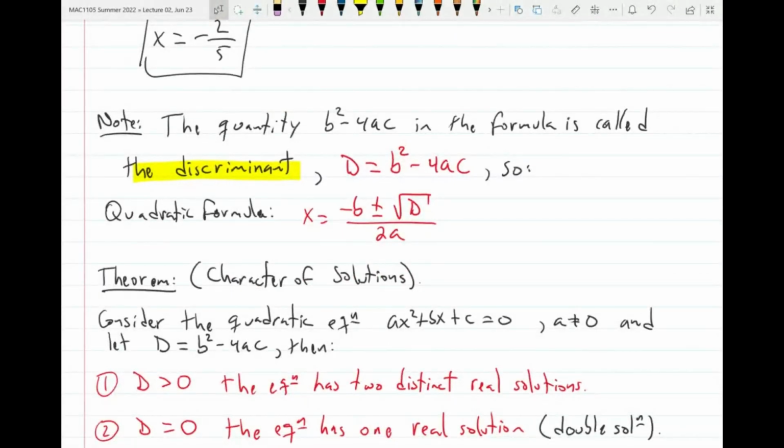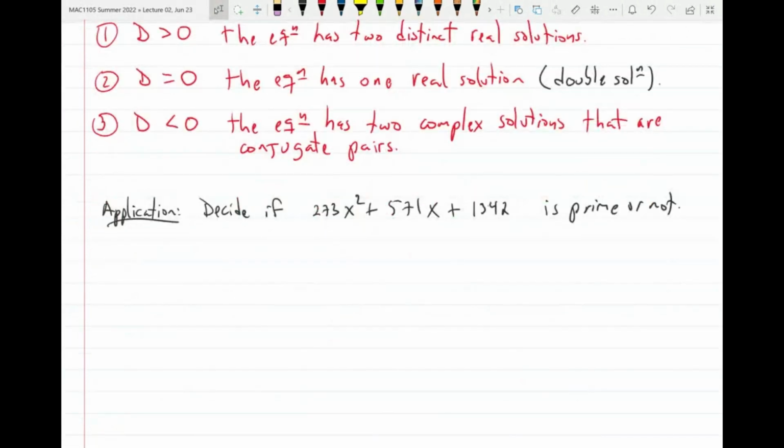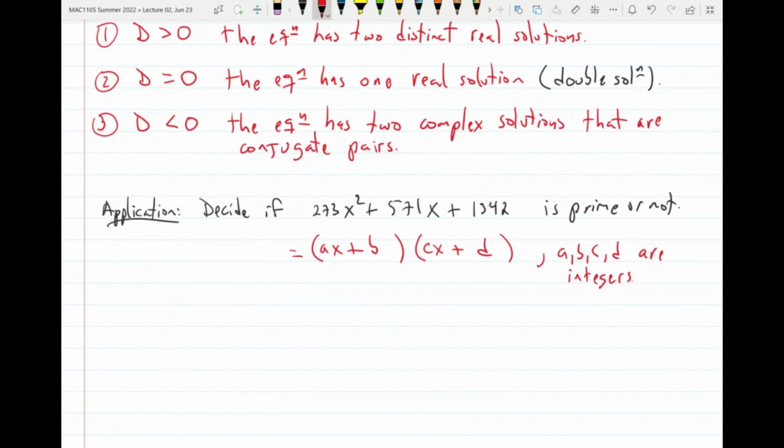to factor a polynomial, and this is always over the rationals, right? So in other words, to factor this would mean that I want to be able to write this in the form ax plus b times cx plus d, where a, b, c, d are integers. Okay? That's what it means to be able to factor this nicely, right? In general, you can always factor it, but then you may have radicals, right?